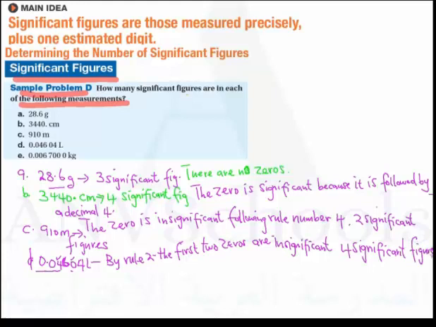The next one is E. In E we have 0.006700 kilogram. Looking at this number, there are two rules, rule number 2 and rule number 4, and we are talking about zeros here.